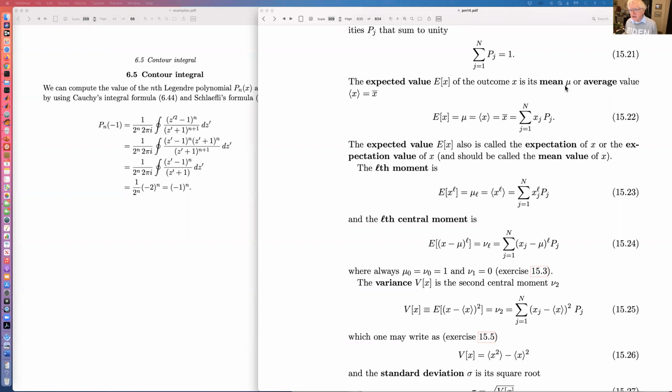Equivalently, it's the mean value or the average value. So E of x is mu, sometimes written as angular brackets x or x bar. In any case, it's xj pj summed over all the possibilities. It's also called the expectation of x, and unfortunately, some people call it the expectation value of x.